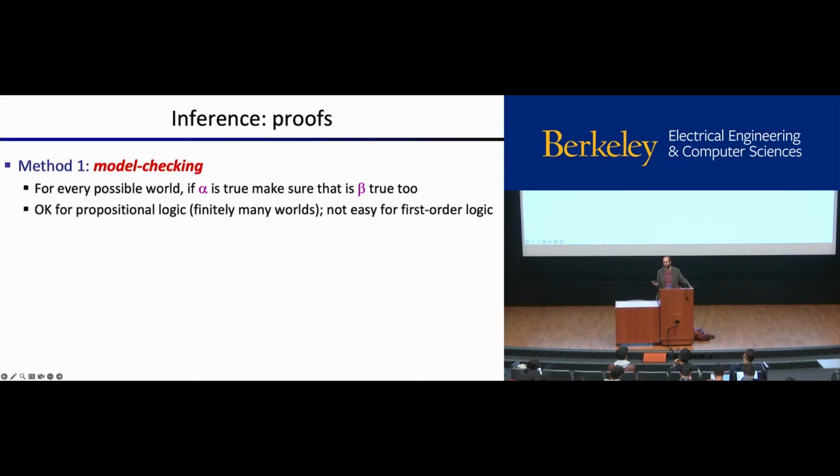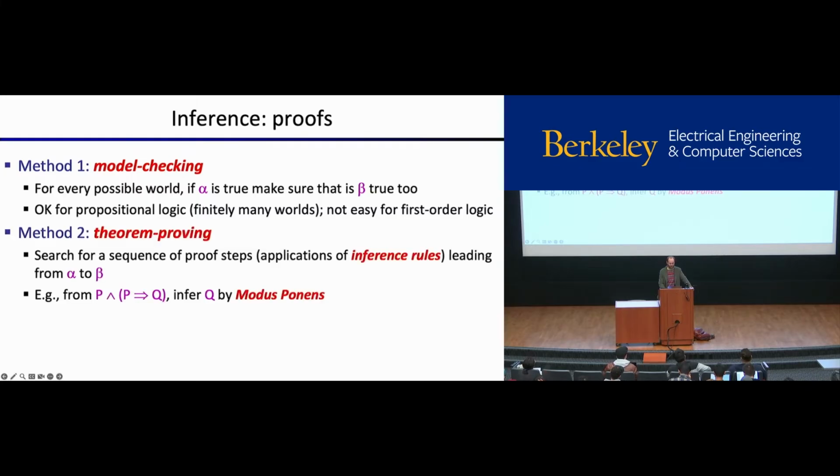Obviously, we all know that x is less than y does entail x is less than y plus 2. But how would you go about that with model checking? I mean, could you check every possible assignment of x and y? No, because there are infinitely many. So once you get to first-order logic or beyond, this becomes a lot less straightforward. But it's fine for propositional logic.